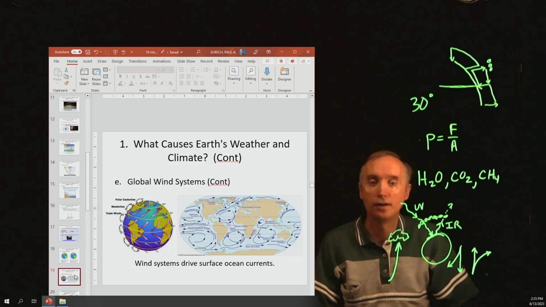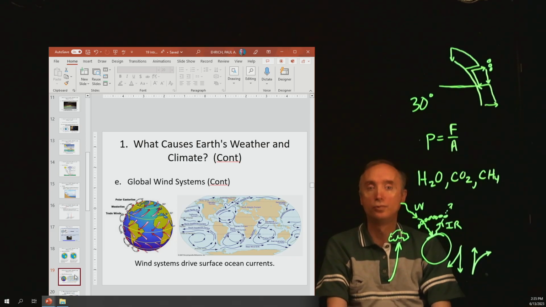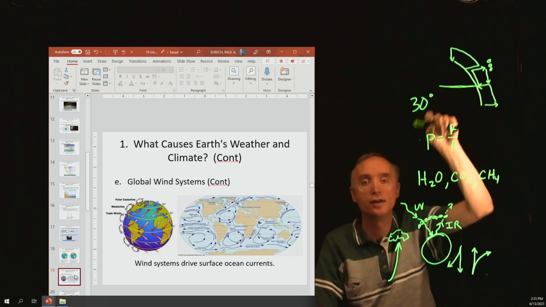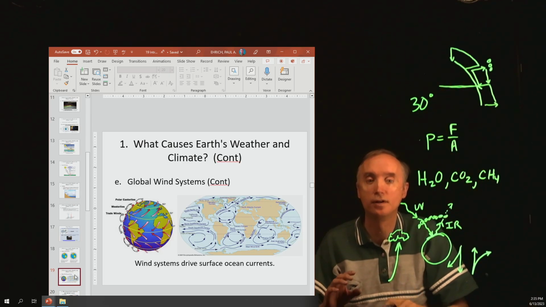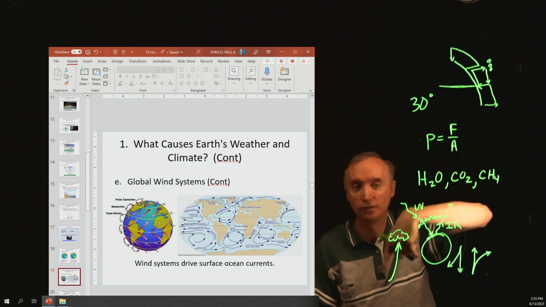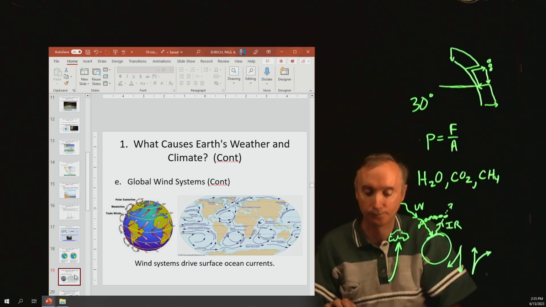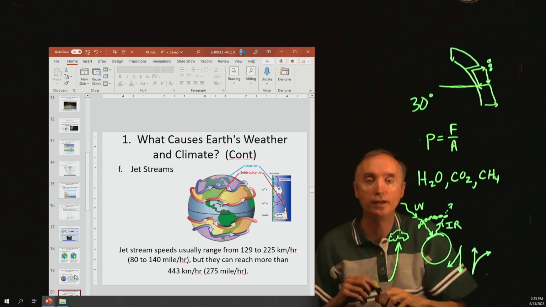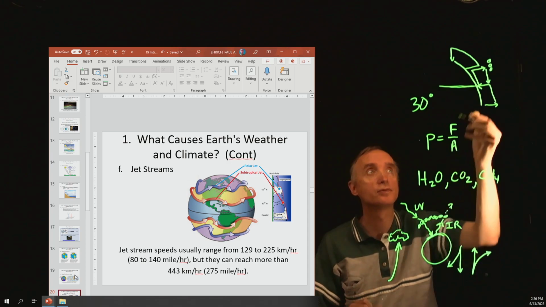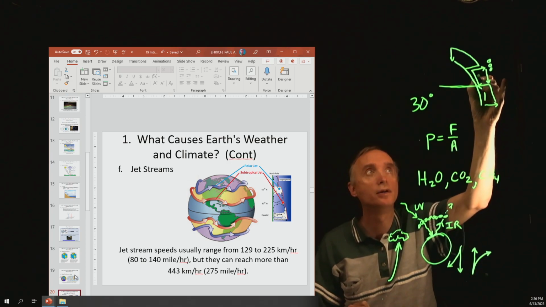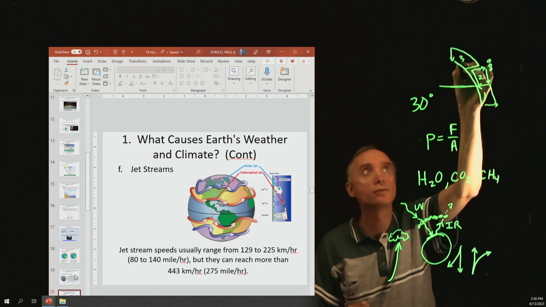And then the global wind systems caused by these convection cells then blow across the surface of the ocean, and it causes ocean convection cells as well. In between the convection cells, so here's a convection cell, so this is convection cell 1, here's 2, and then here's 3.